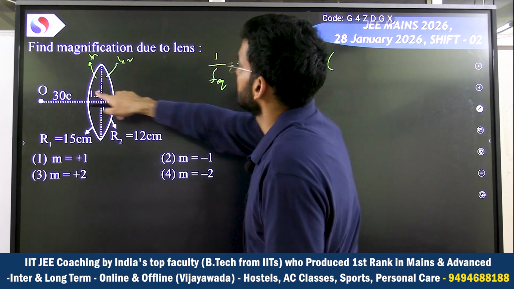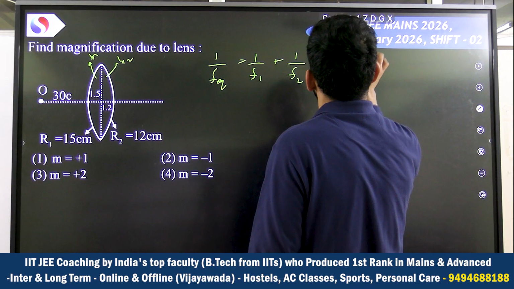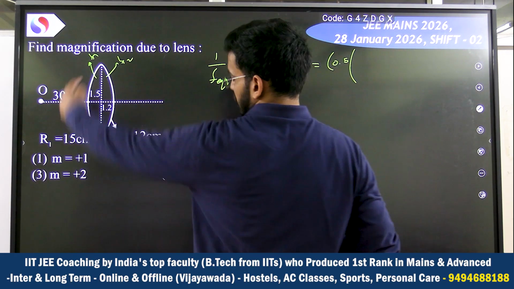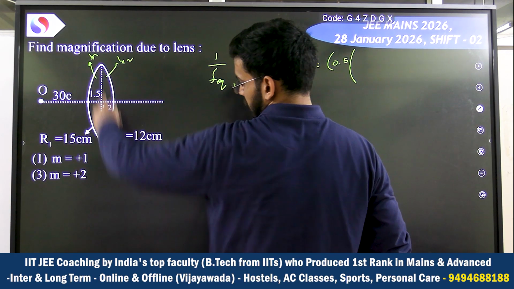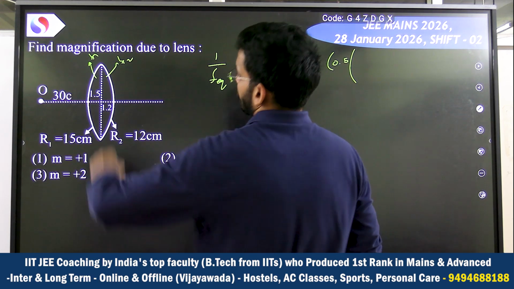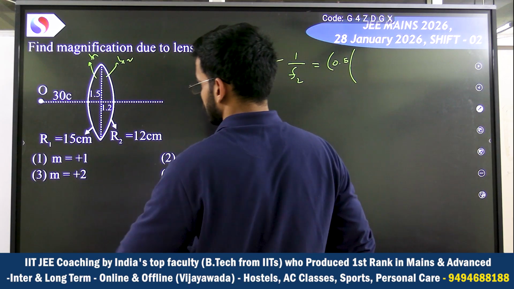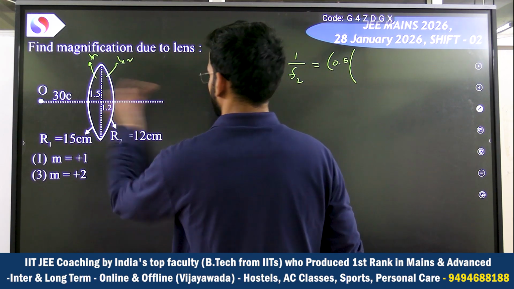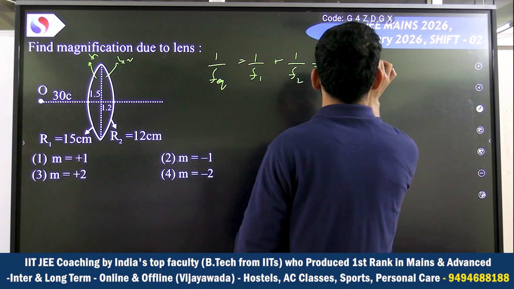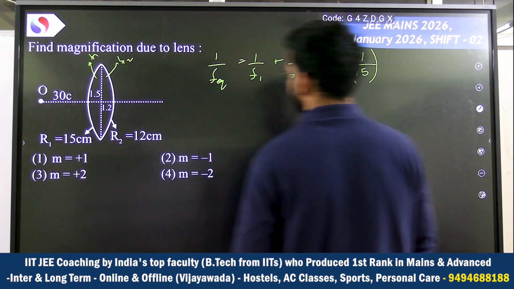So mu minus 1, here 1.5 minus 1 will come how much? 0.5 into 1 by r1. This one is r1 and r2 is in the plane, right? So 1 by infinity will come for r2. Here r1, he gave 15 centimeter and that will come positive. So 0.5 into 1 by 15. Everything is in centimeter, don't worry.